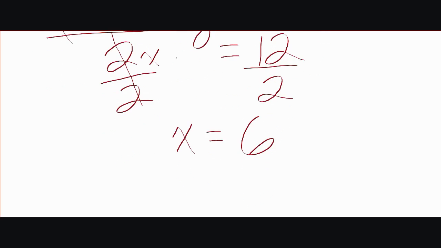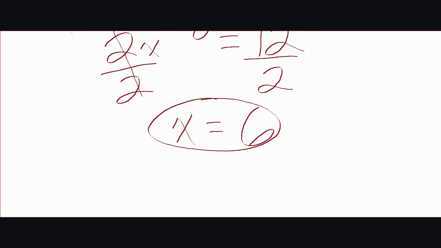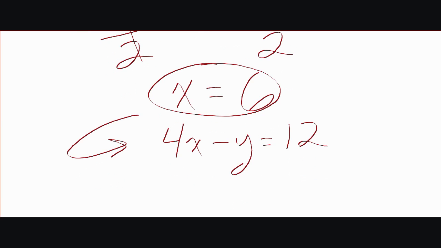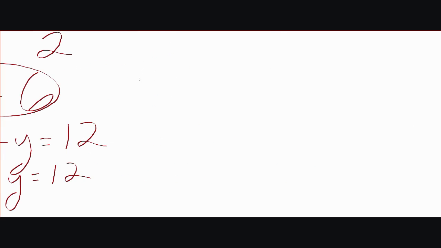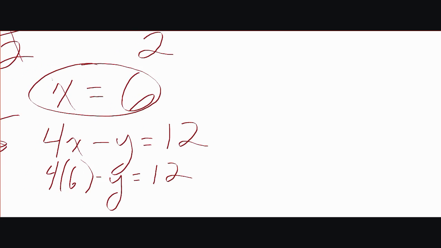That's great, because now that I have x is equal to 6, I can plug that in to either equation and solve for y. So let's use 4x minus y is equal to 12. 4 times 6 minus y is equal to 12. Well, that's 24, right? 4 times 6 is 24. So we have 24 minus y is equal to 12.